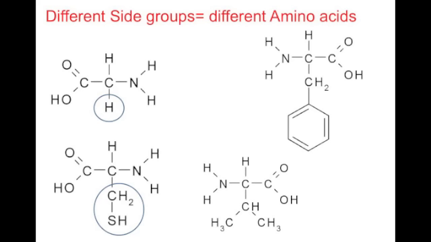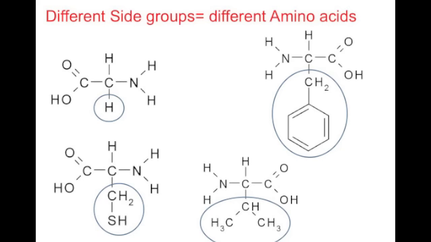This is going to come up later when we talk about protein folding, because this is one of the ones that is involved in disulfide bridges. This one actually has a benzene ring in that. Okay, so it's kind of a complicated R group. And then the last one here, you can see at the very ends we have 2 methyl groups, which is going to make this amino acid very nonpolar.